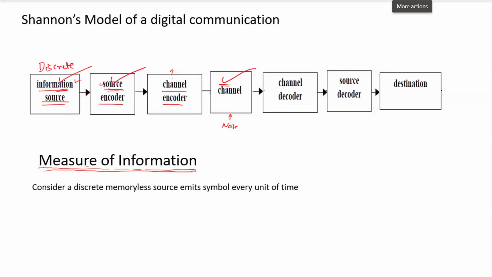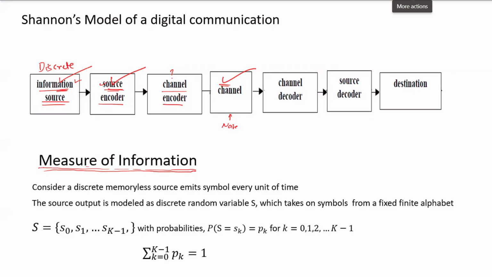Now if you consider a discrete memoryless source, and let us say it emits a symbol every unit of time, the source output is modeled as a discrete random variable S, which takes on symbols from a fixed finite source alphabet S containing symbols S0, S1, and so on up to S(K-1) with probabilities P(S = Sk) = Pk for k = 0, 1, 2 up to K-1. The summation of Pk from k = 0 to K-1, the total probability, equals 1.